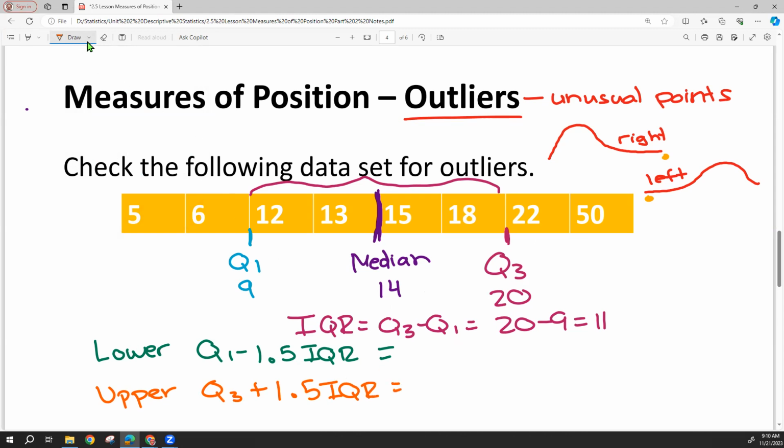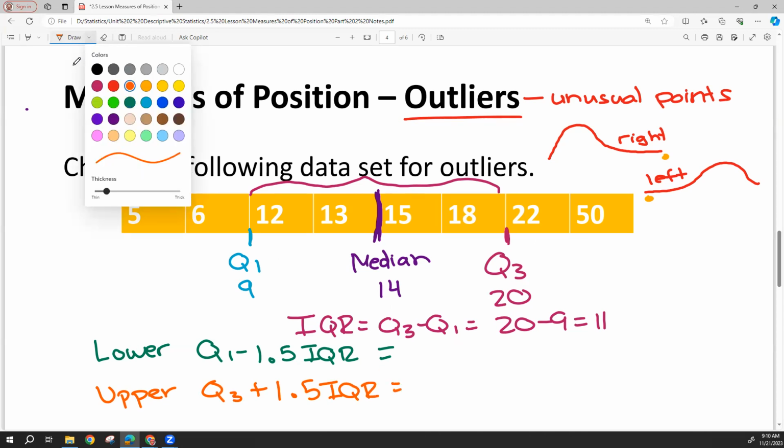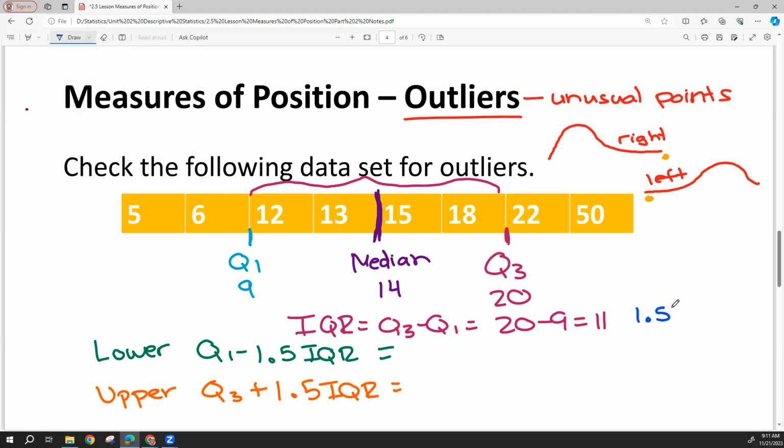So it would be a good idea to calculate what 1.5 IQR is. We're going to take 11 and multiply it by 1.5, and we're going to get 16.5.